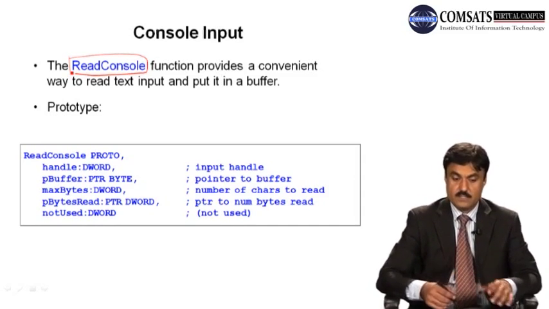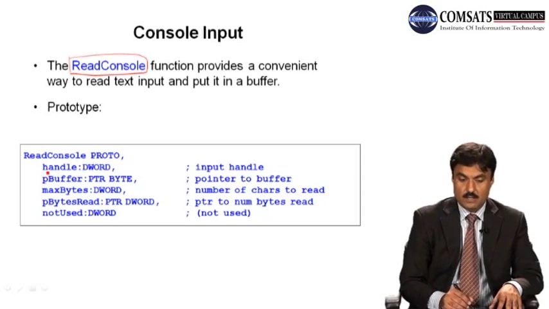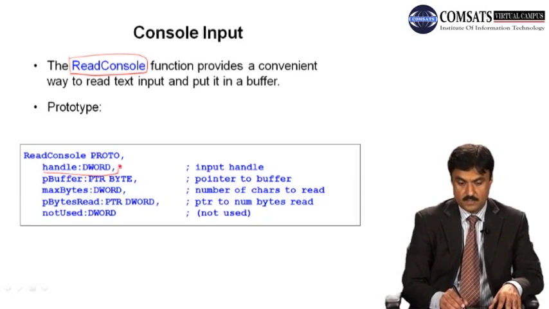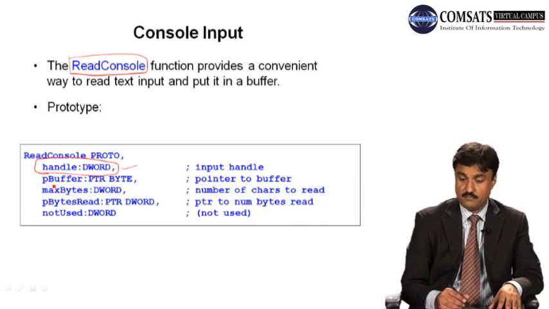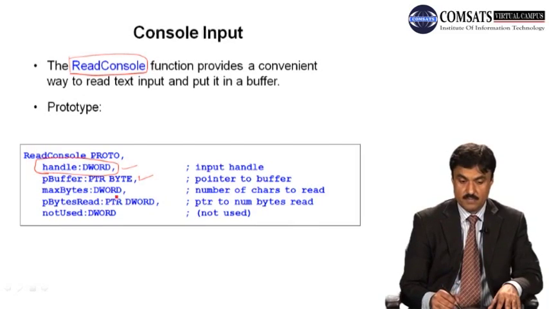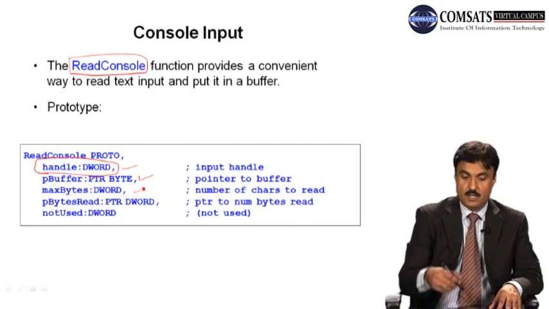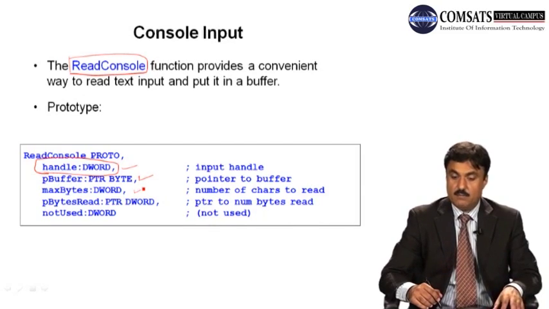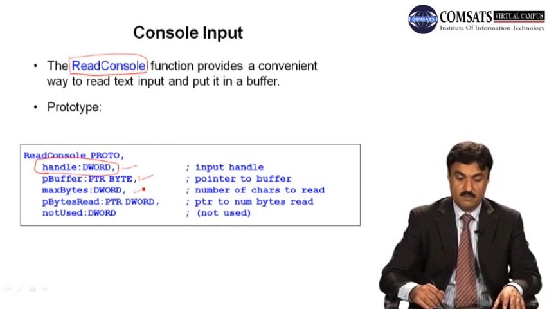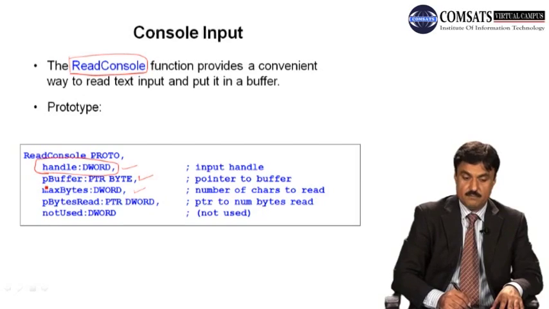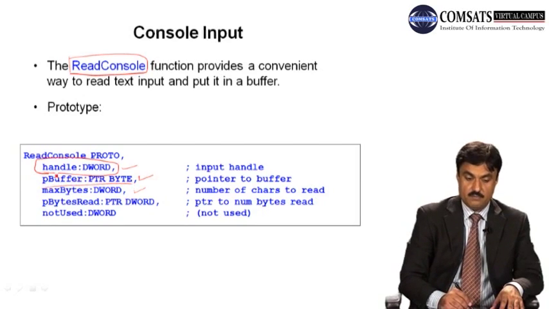Now you can see the prototype. Here it needs a handle: the input handle that we got should be provided here. Then we have the pointer to the buffer where the data will be stored.